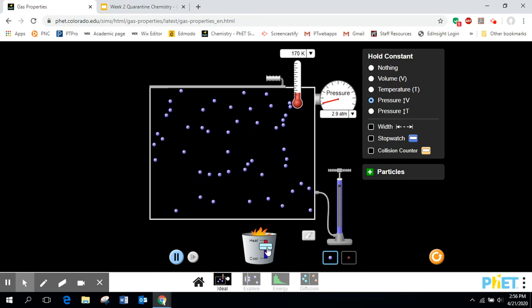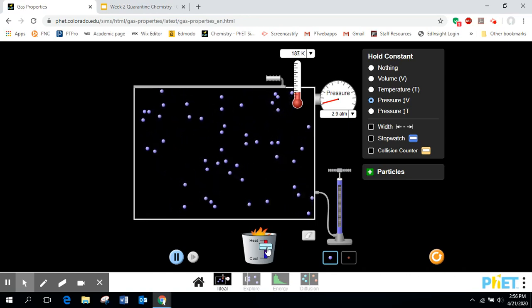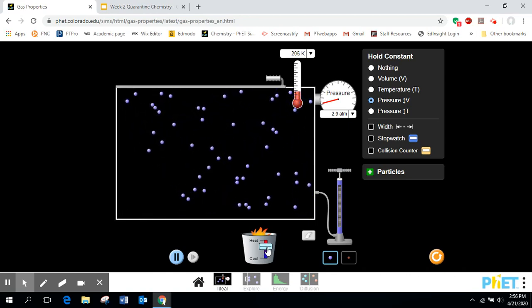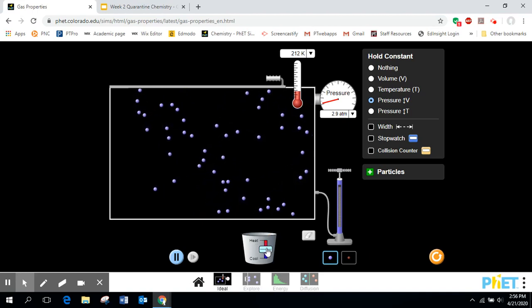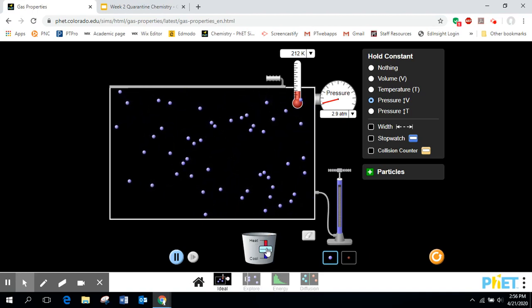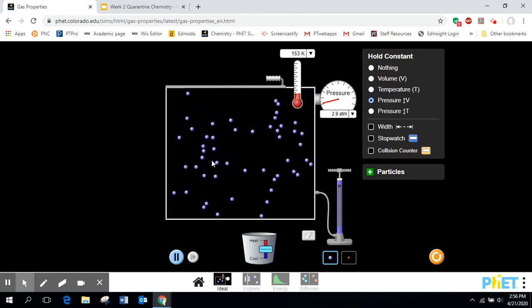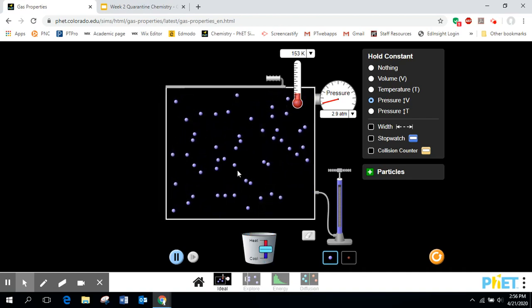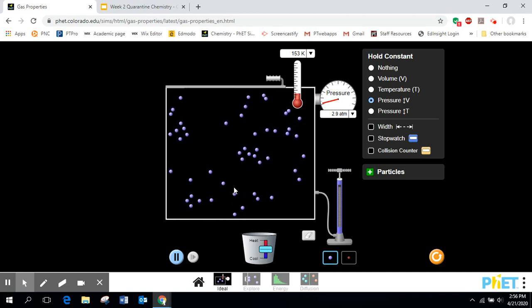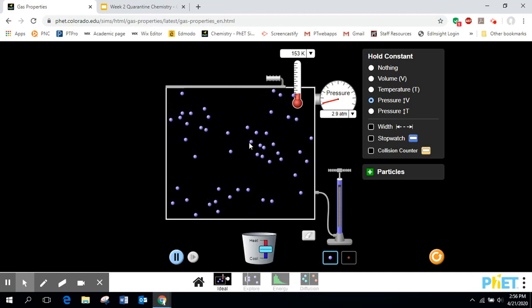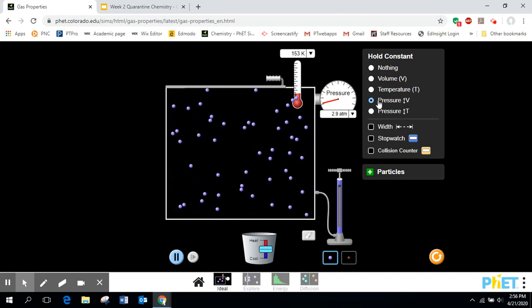Let's heat the sample up. Notice the volume increases. Temperature's going up, volume's going up. Let's see what happens when we go in the opposite direction. Temperature goes down, volume goes down. So volume and temperature are directly proportional. They're increasing or decreasing with each other if pressure is constant.